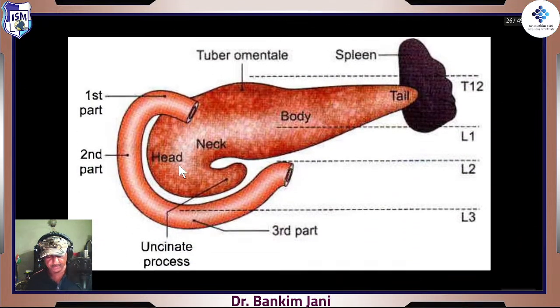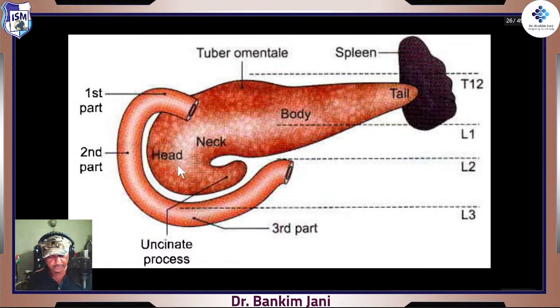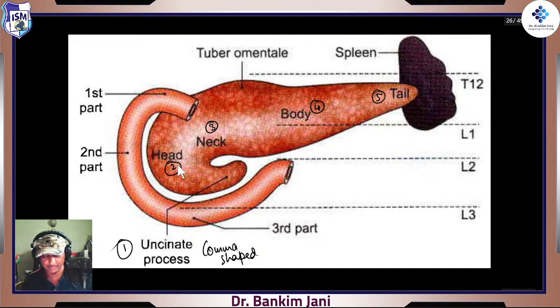So here it is, dividing into D1, D2, D3, D4. This is the duodenum. But over here, that's the uncinate process. Uncinate means comma shaped. Then we have got head, neck, body, and tail, as if it is some animal.